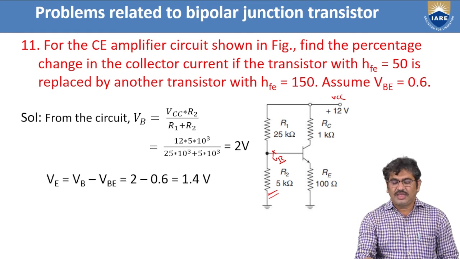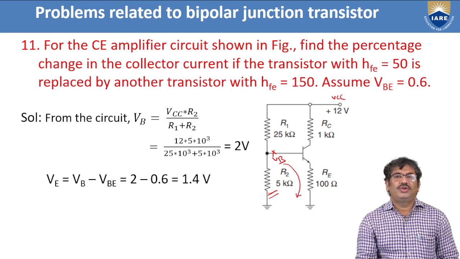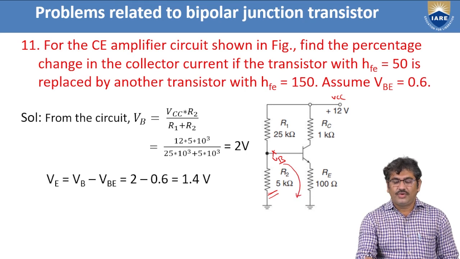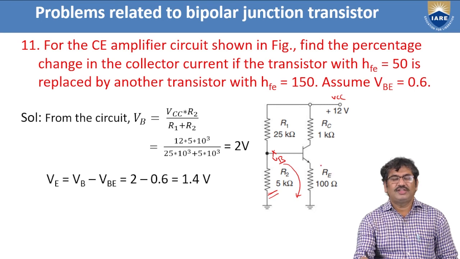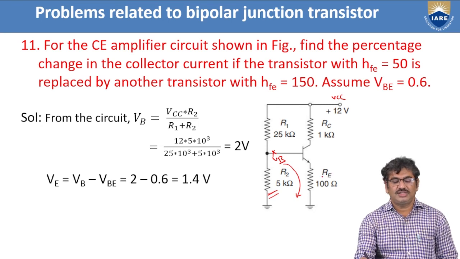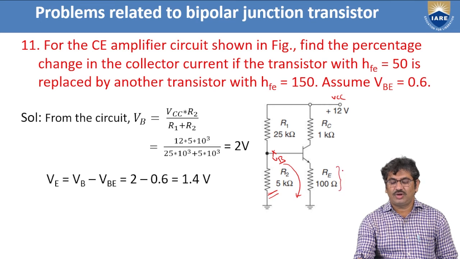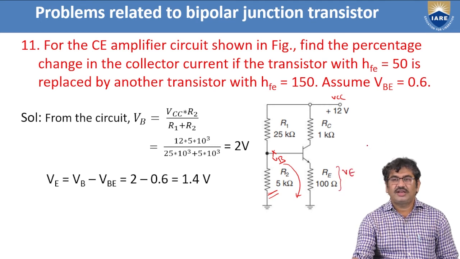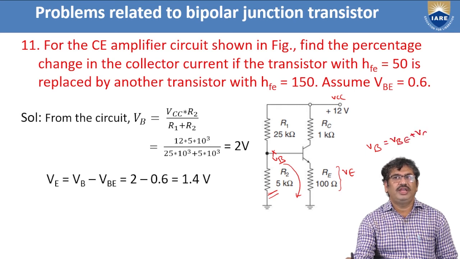Then the KVL expression in the circuit we can write as VB minus VBE is nothing but the voltage drop across the emitter resistance RE. This voltage drop we will take as VE. So we can write the KVL expression at the base circuit as VB is equivalent to VBE plus VE.